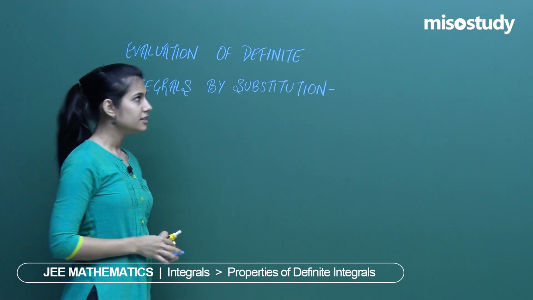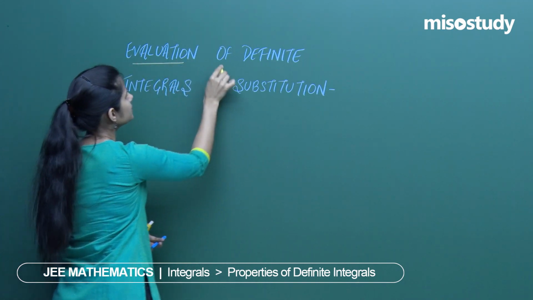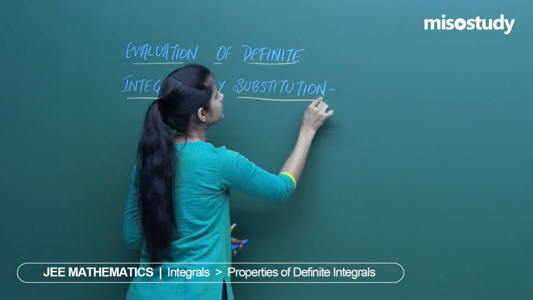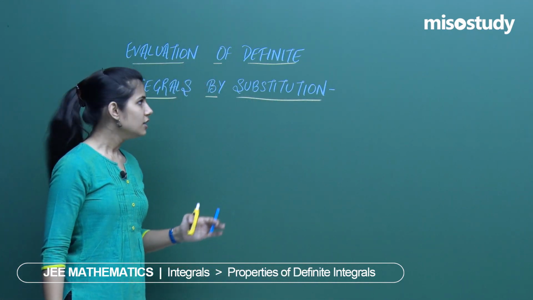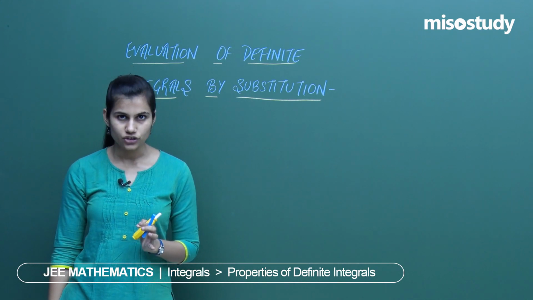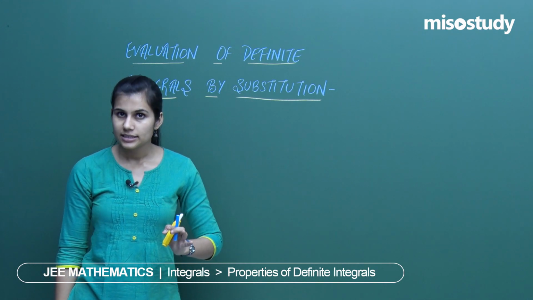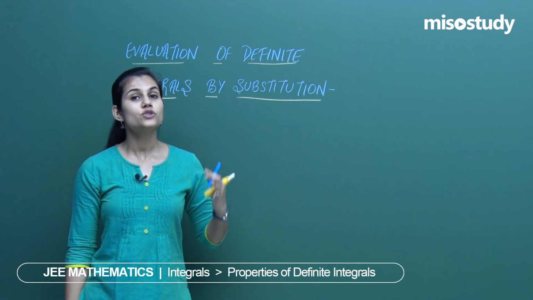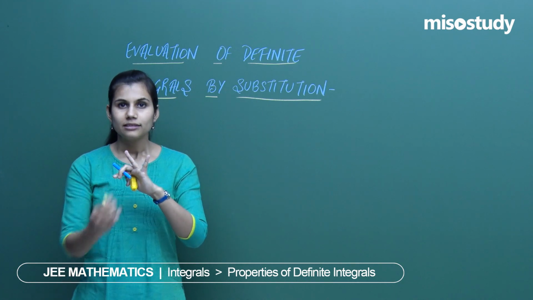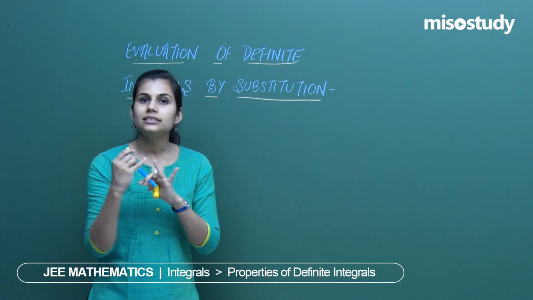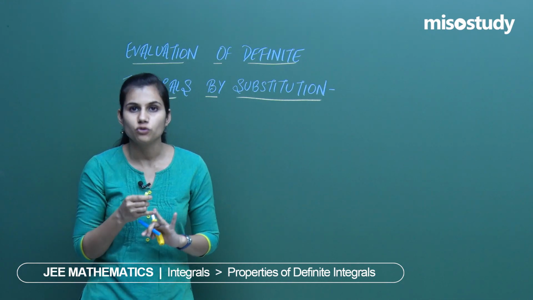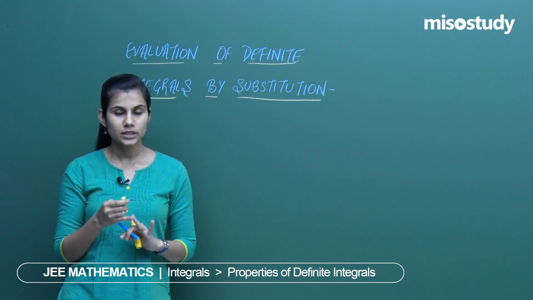What did we learn? One very basic difference between the substitution method in indefinite integrals and definite integrals is that when the variable was changed in the indefinite integration, the substitution in terms of the new variable affected two places, the integrand and the differential, from dx to dt if t is the new variable introduced.